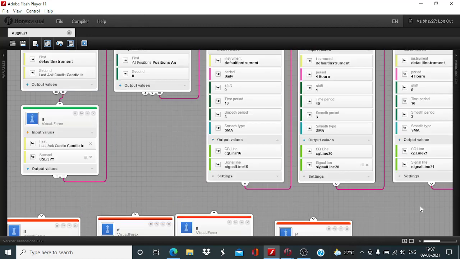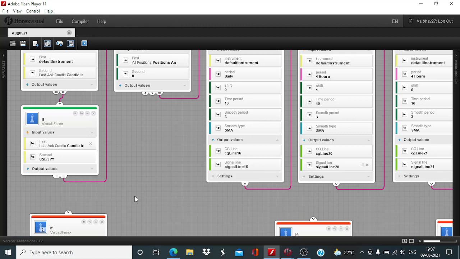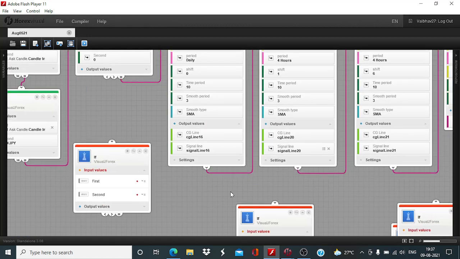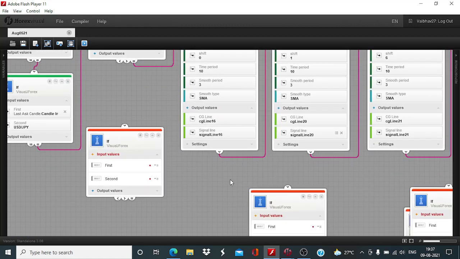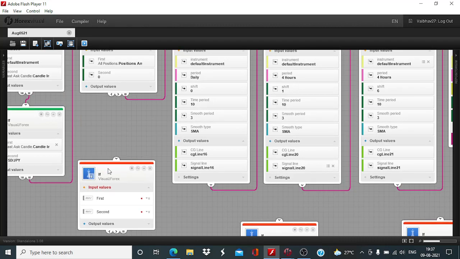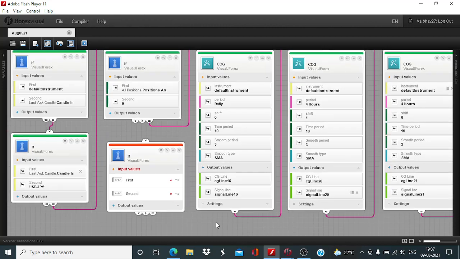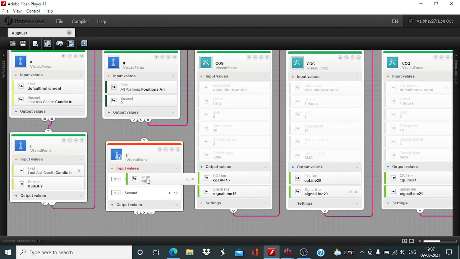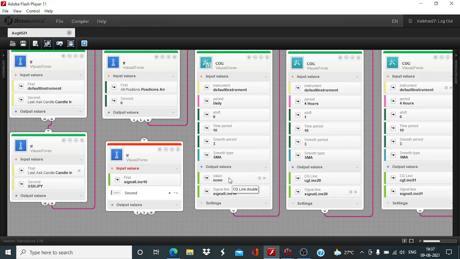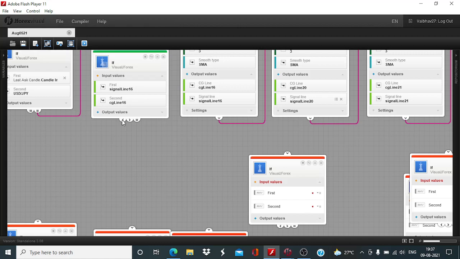So let us now start defining the requirements, the conditions, using the center of gravity indicator. Today's output value for the center of gravity indicators will be used, and we will need signal line 16 to be lower than the center of gravity line. So the first input less than second input.